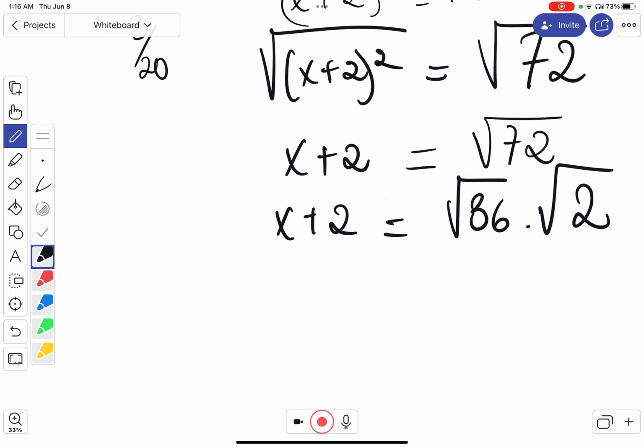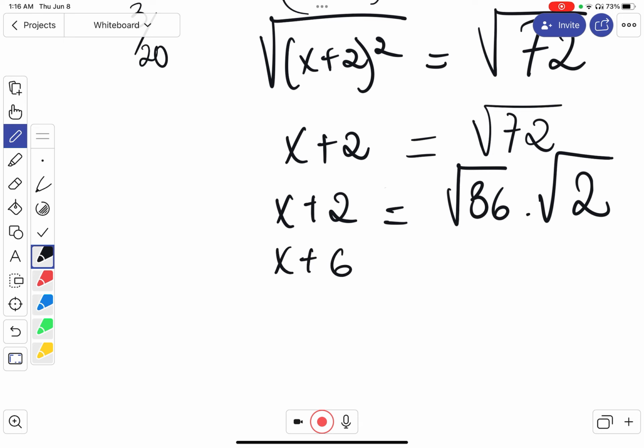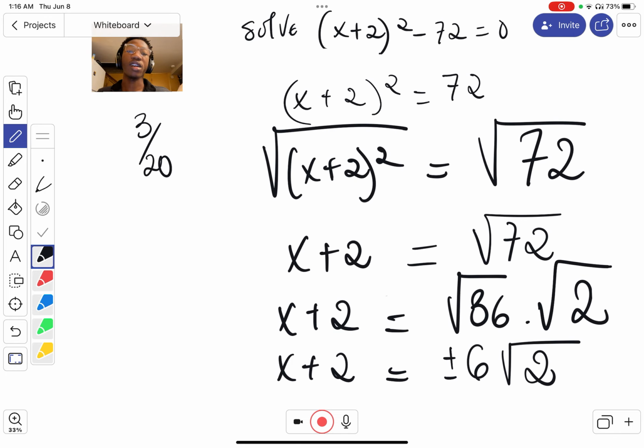So right now we're going to write our roots. It's going to be equal to plus or minus 6 square root of 2. It's not the end yet because we still have a positive 2 on the left that we're going to switch to the right so that we can get the x term.